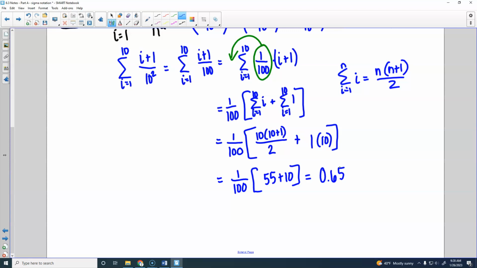So if you change that sum, it would be true that this sum could be just the sum from 2 to 11 of i over 10 squared, but it'd have to still be a 10 squared there. But if you change your index, the shortcut rules do not work for i equals 2. So in general, you want to keep it with i equals 1. Does that make sense?